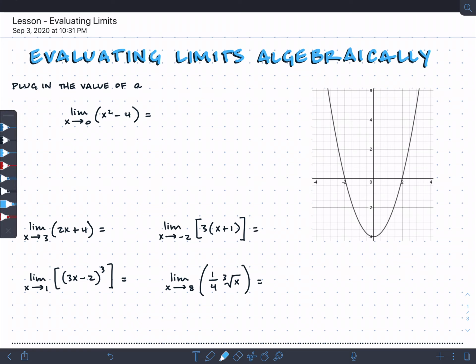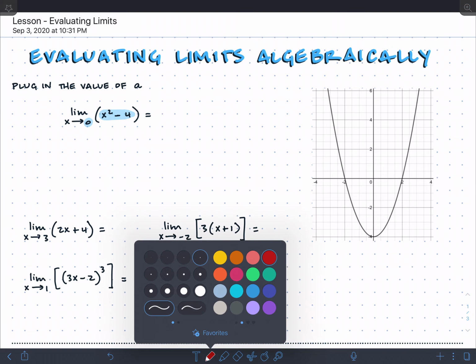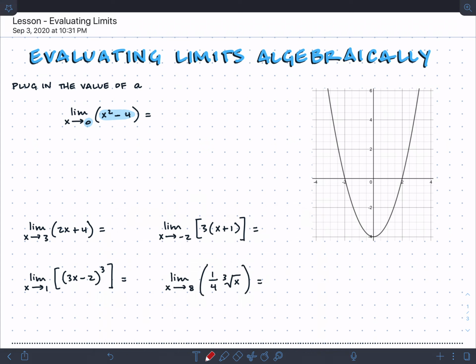So the first thing that we can do with our limits is actually plug in whatever our value of a is. So this function is x squared minus 4, and I have this over here to the right. And you'll notice that if we were to look at this graphically, the limit from the right and the limit from the left both approach -4.